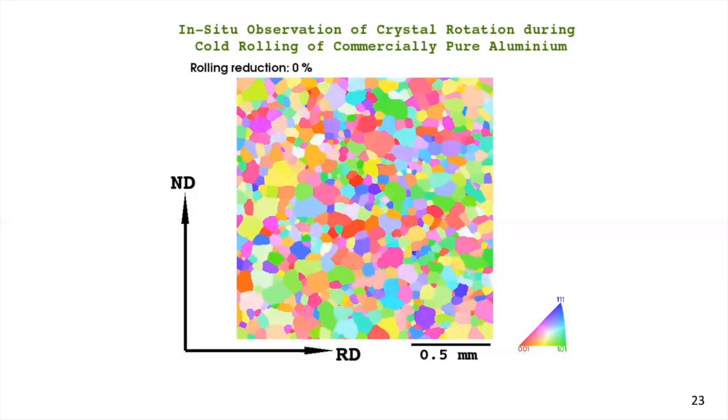So actually this was a sample, a split sample in fact, which was embedded in a larger sample, which was rolled in various passes of 6% each, and in between each pass, we dismounted the sample and we measured the EBSD surface.